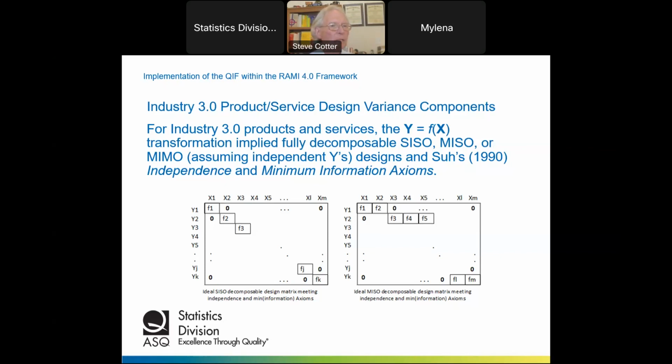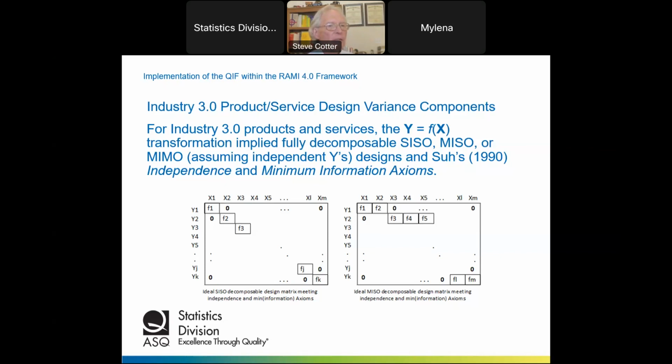The design on the right results in a many-to-one surjective yi equals f of xi, multiple input, single output mapping for each yi functionality. This is typically y equals beta 0. On the right is typically y equals beta 0 plus beta 1 x1 plus beta 2 x2 plus beta 3 x3 plus the residual error term, all of those being different for each yi output.